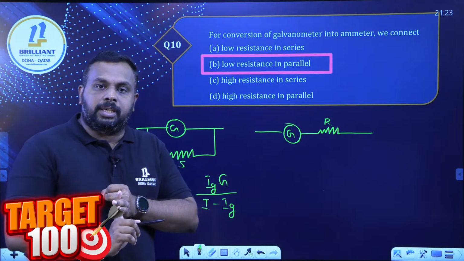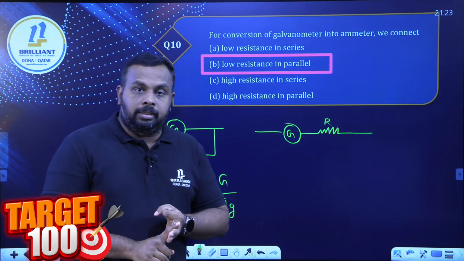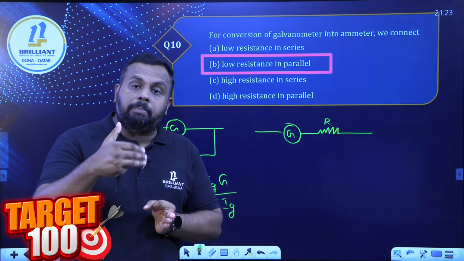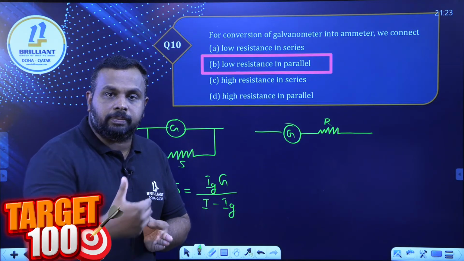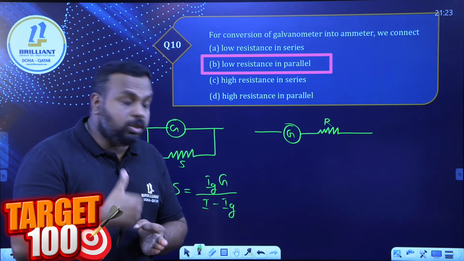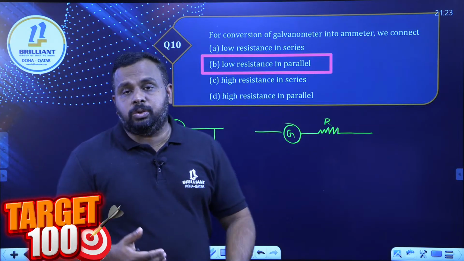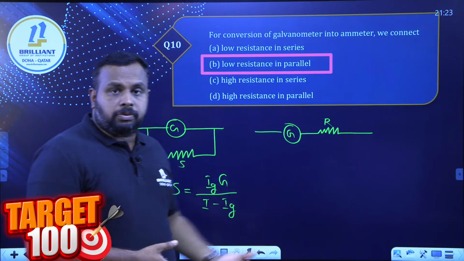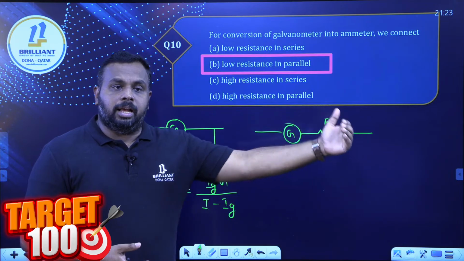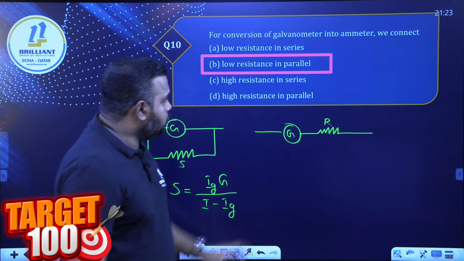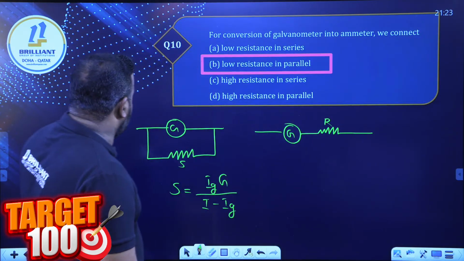G is the resistance of the galvanometer. I is the range of the ammeter that we are going to design. So please practice the numerical based on these two, conversion of galvanometer into ammeter and voltmeter. Yes, very good. I am going to the next question now.